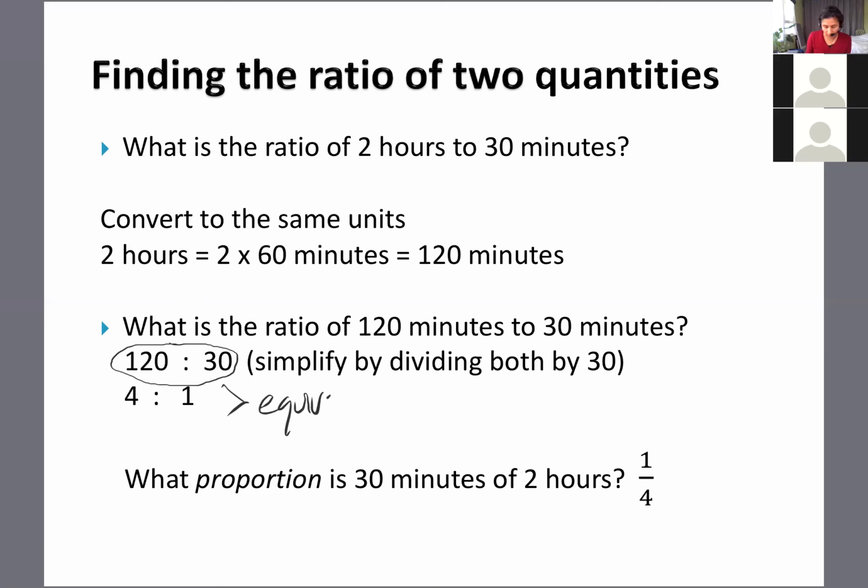And just like with fractions, we tend to prefer to write ratios in their simplest form. So the ratio is 4 to 1 of 2 hours to 30 minutes. And the proportion is just 1/4. So 1 part out of 4 is 30 minutes out of 2 hours. It's the same as 1 part out of 4. And you'd write that as a fraction, 1/4.